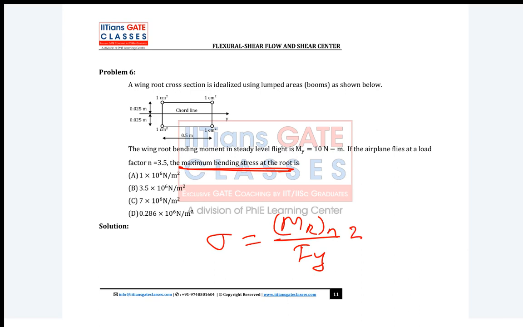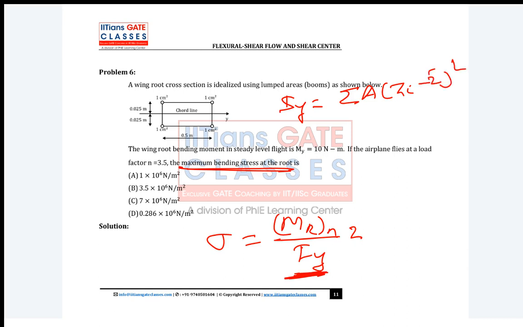So guys, what is important? You need to find Iy. Now what will be the Iy? Iy for boom will be sigma A Z square, or you can say sigma A into Zi minus Z bar square.